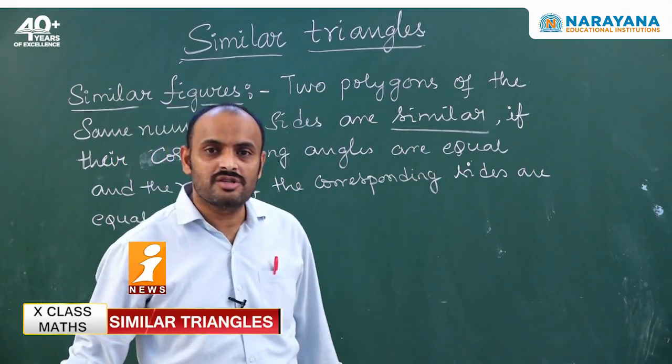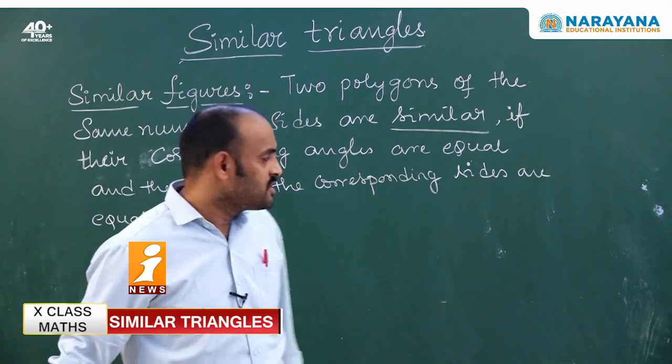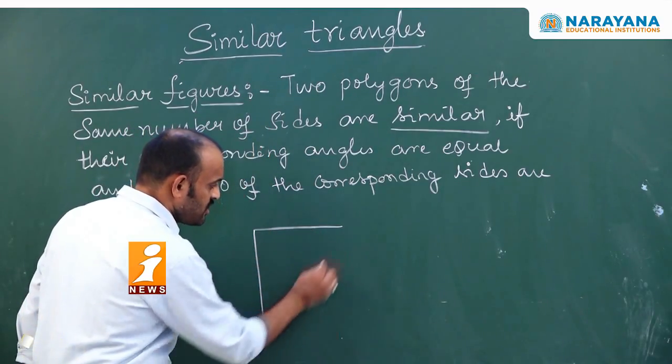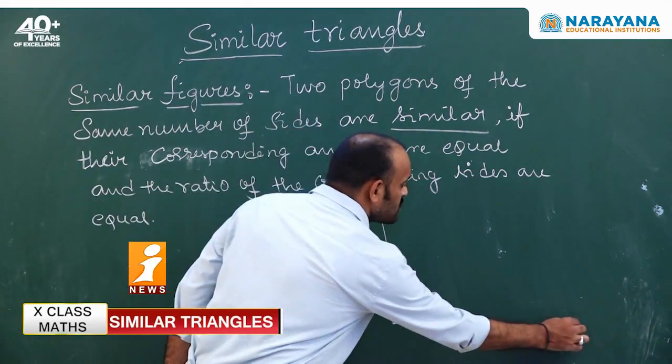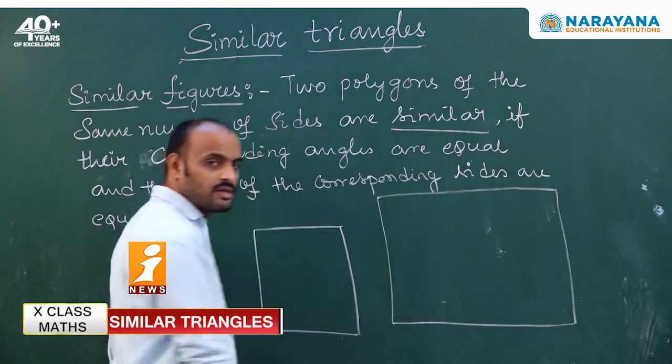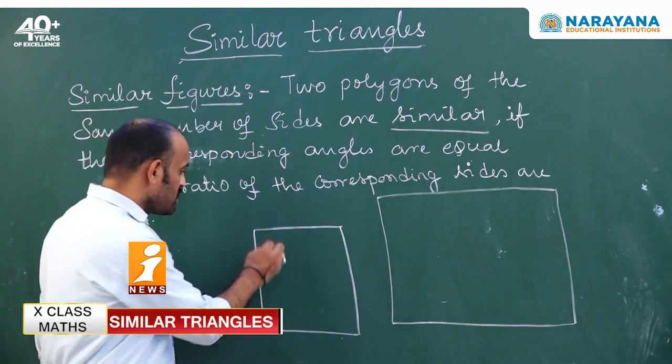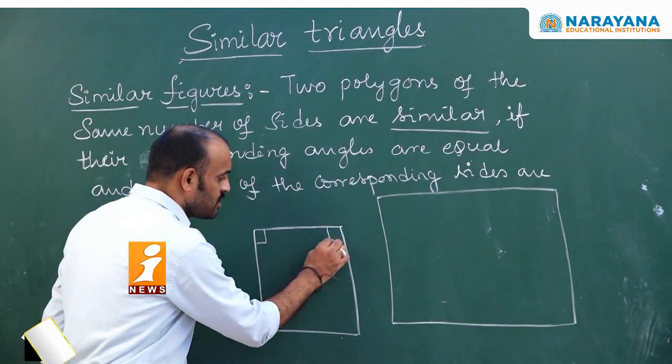So, usually we use A4 size papers, right? If you go from A4 size to A10 size, you see that the angles here are equal.